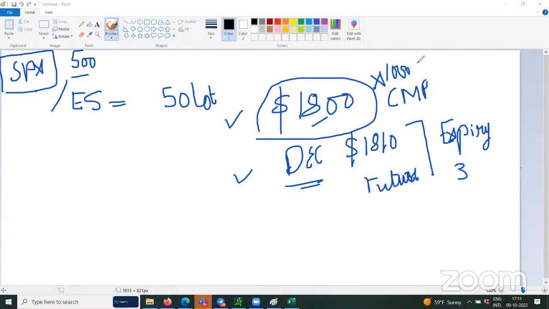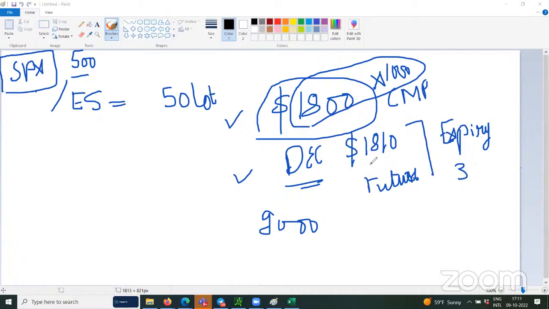If you want to buy a future, you need to pay just $9,000, and then you can have this future with you. Now, this future will expire on a 3-month time duration, which is usually mid-September, mid-December, mid-March, mid-June.